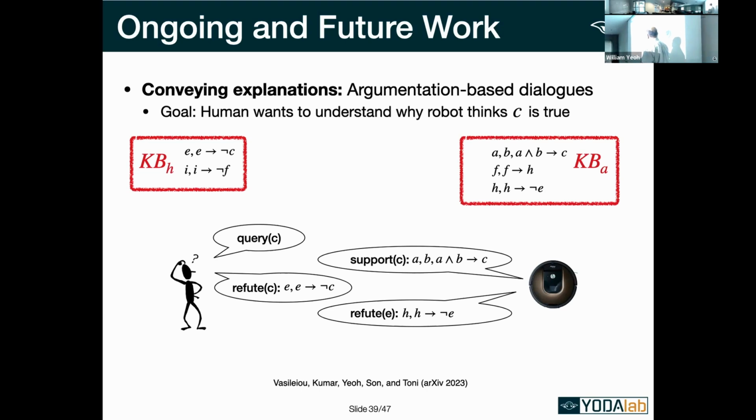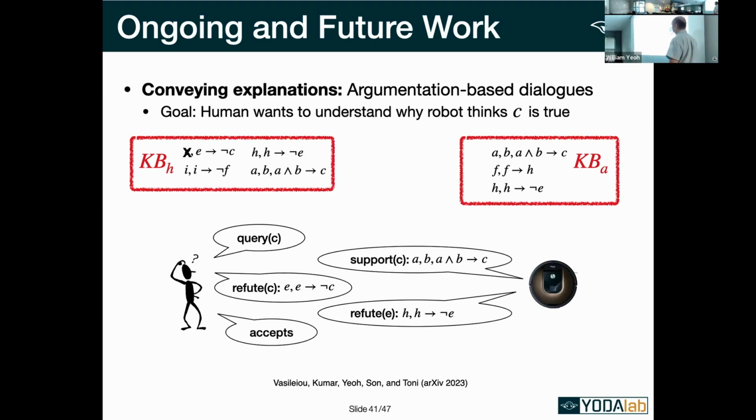And the human has nothing to refute here because the human doesn't know H. And so just taking Roomba's word for it that H is true and H implies not E, the human will accept the argument. And after accepting it, you'll then update its knowledge base, basically saying E is now no longer there, right? But this rule can still be there, right? Because you've just removed E, and then H, everything else here is added, and this updated KBH would now entail C, right?